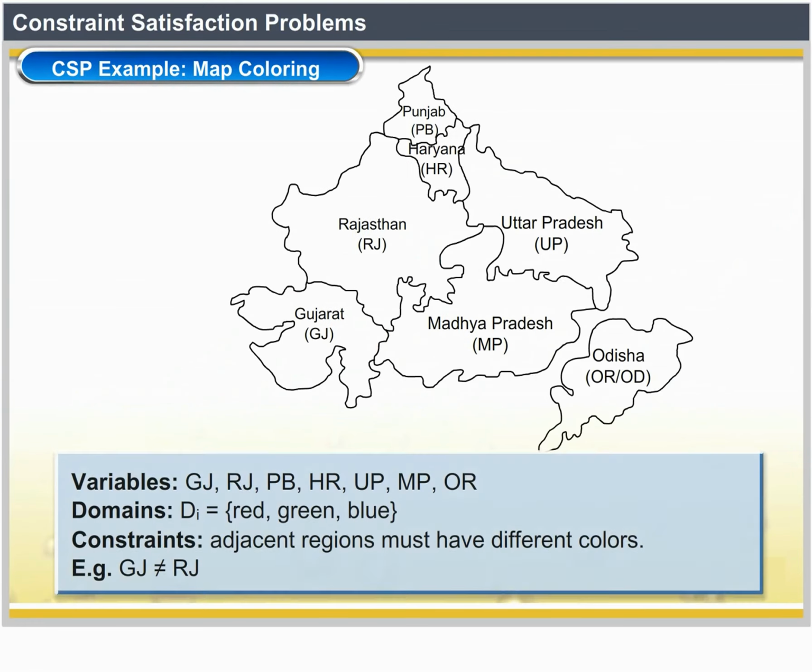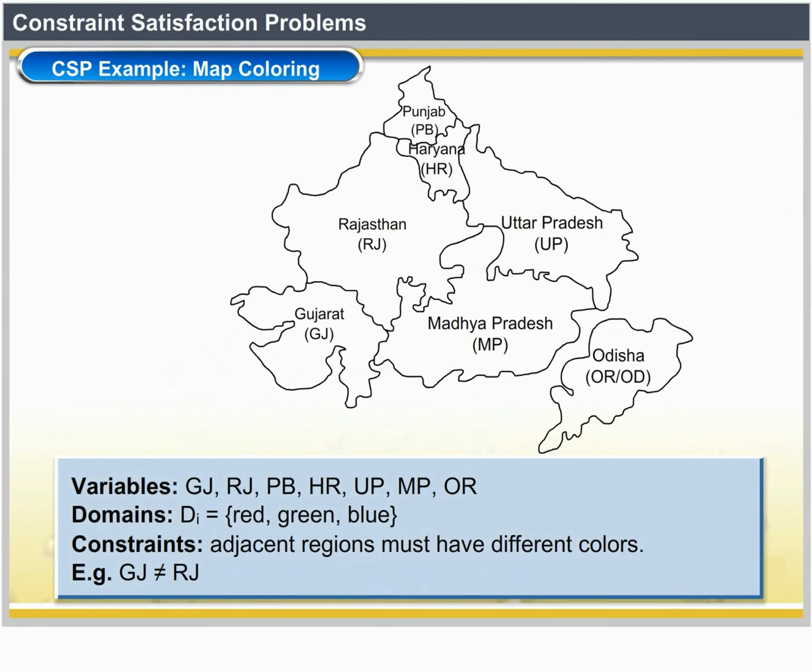Variables: Gujarat, Rajasthan, Punjab, Haryana, UP (Uttar Pradesh), Madhya Pradesh, Odisha. Domains: Di is equal to red, green, blue. Constraints: adjacent regions must have different colors.